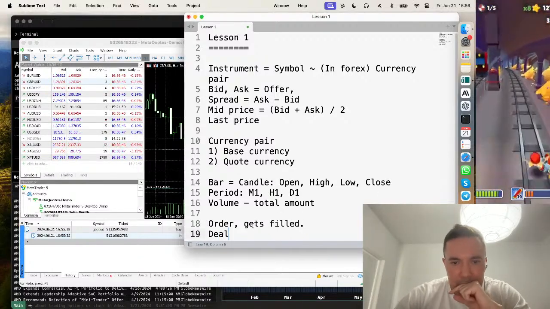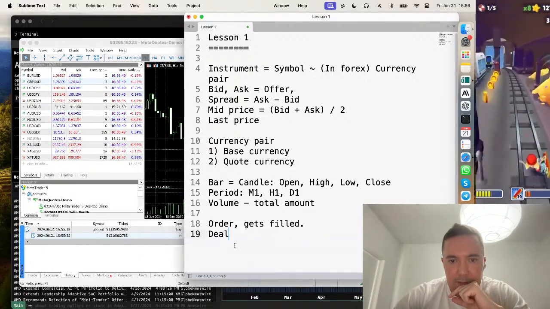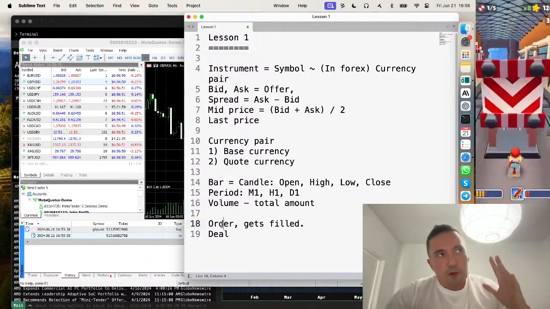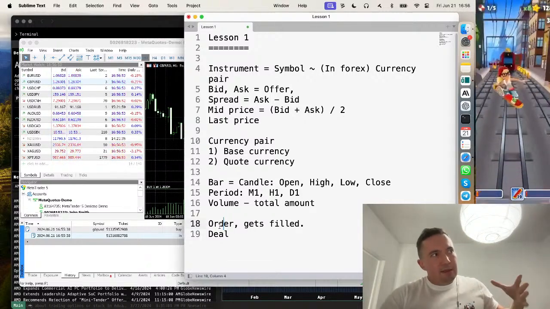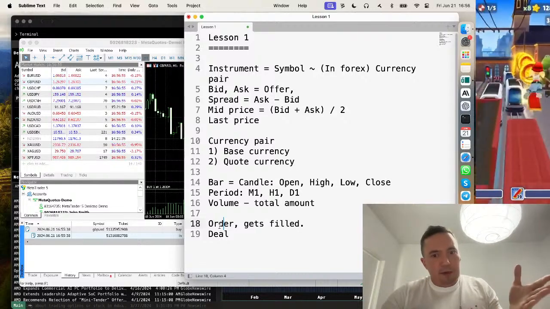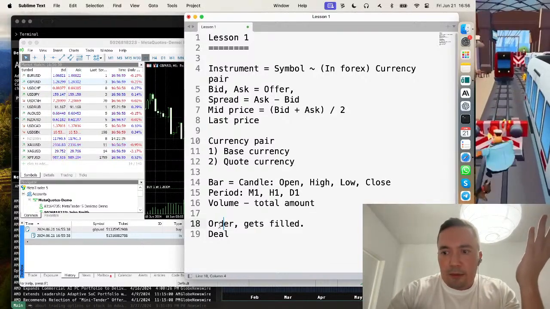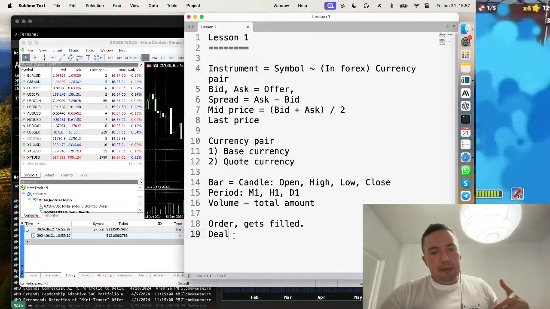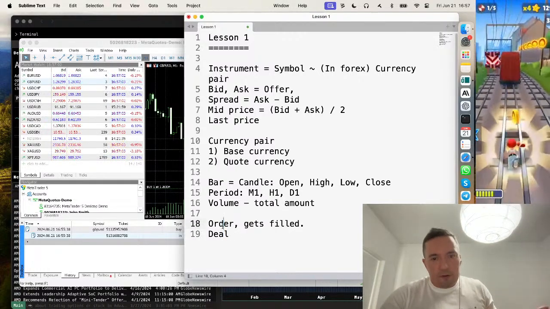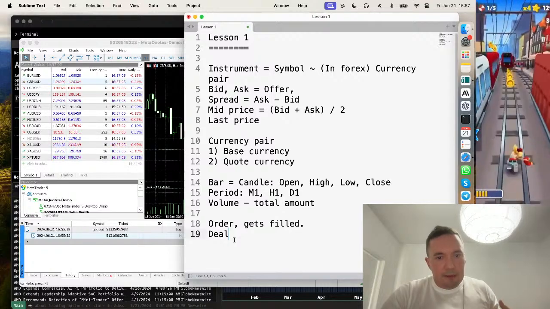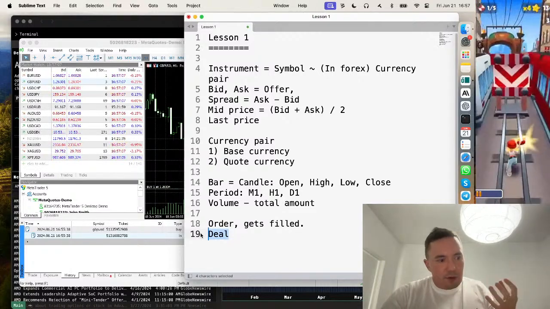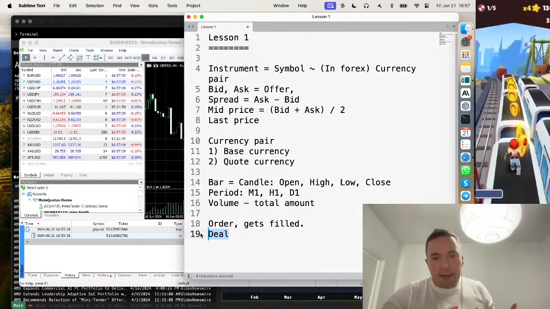Deal, an important thing. An order is something that you make, an instruction that you send to a trading system. And a deal is the result of the order getting filled. So this is the actual trade that happens.